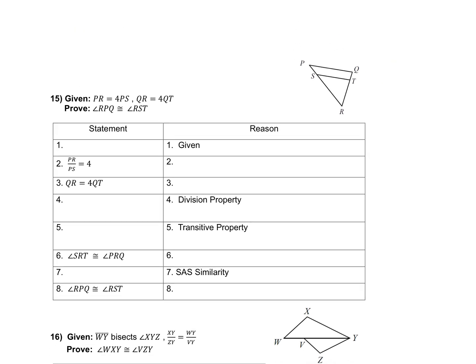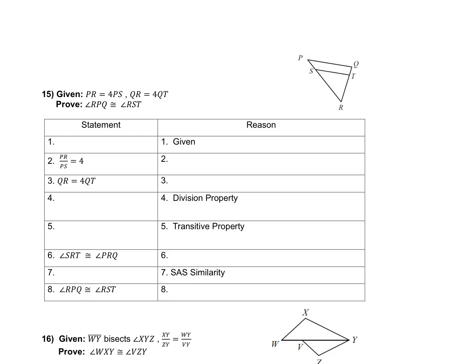All right, here we go. So on this one, this says PR. So here's PR and PS. So it's using the ratio between those two side lengths. And then the ratio between QR and QT.